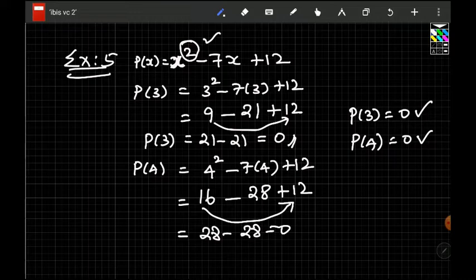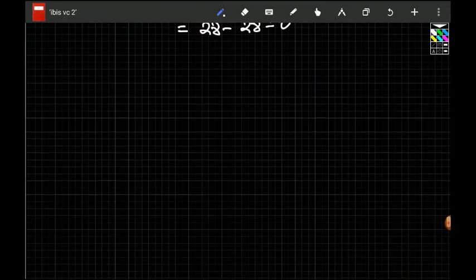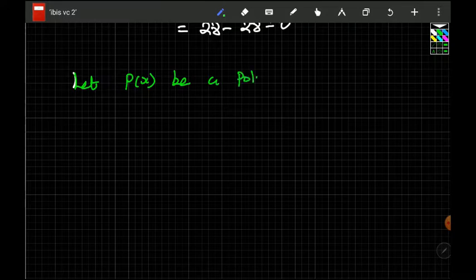Two main observations we have so far obtained. We are going to conclude. First one, what is the value of a polynomial? Let P of x be a polynomial.